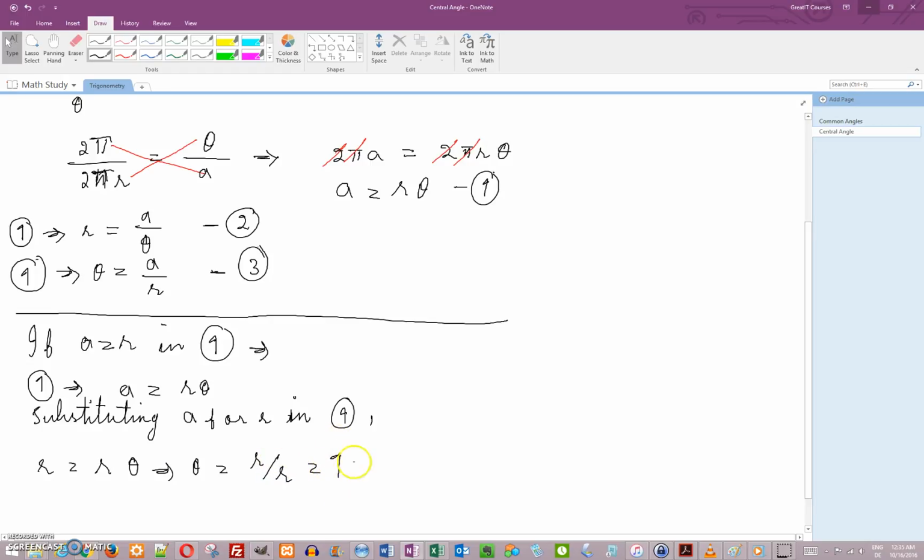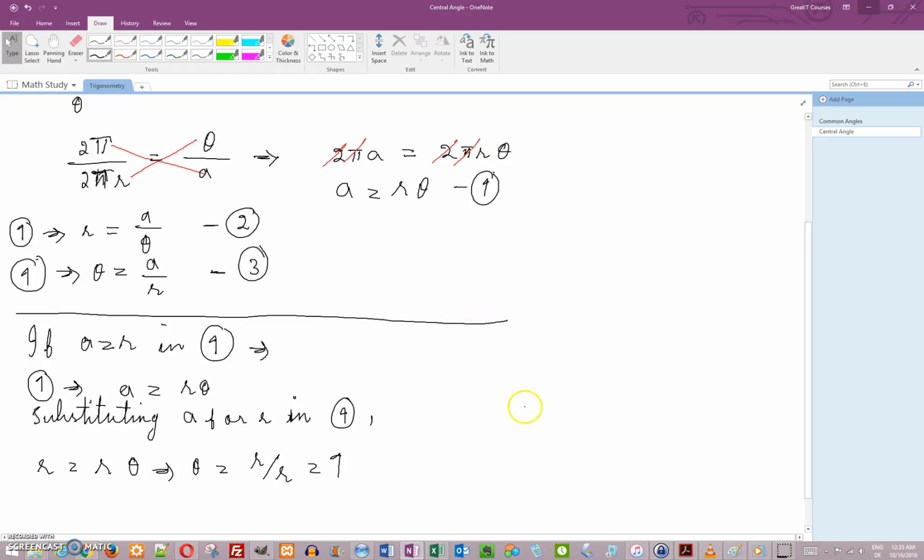So an angle of 1 radian is the angle subtended at the center of a circle by an arc equal in length to the radius of the circle.